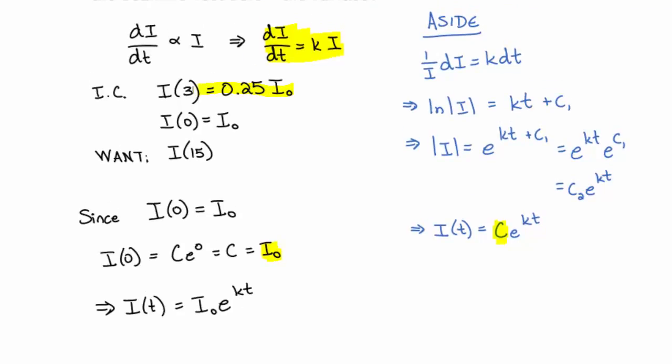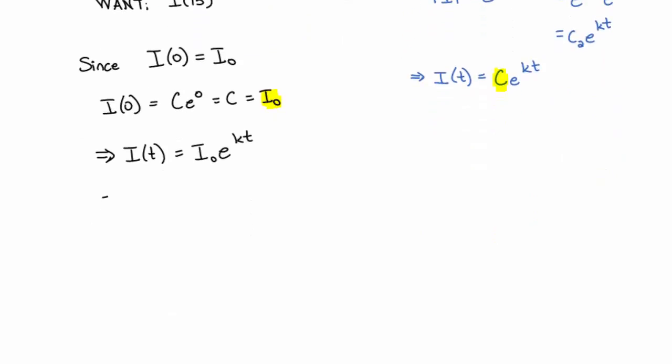And then I'm going to also use this extra condition here. Let me highlight it. This guy right here, that when the thickness is 3 feet, the intensity is 25% of I naught. So again, I'm going to let t be 3, and the output should be 25% of I naught.